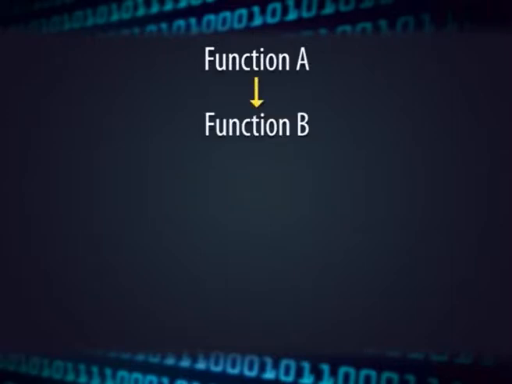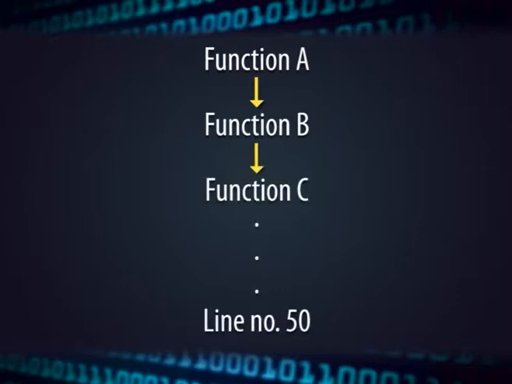For example, if the main program calls a function A, it then calls function B, the function B then calls function C, and there exists a line 50 in that function C. The call stack at that moment will contain the information that at the moment you are at the line number 50 of the function C, but to reach this function C you have come from the function B, because it was the function B which has called the function C, and the function B in fact was called by the function A, and function A was called by the main program.